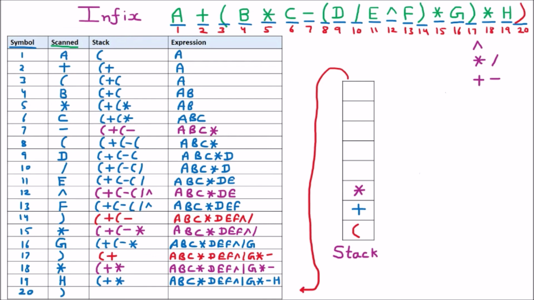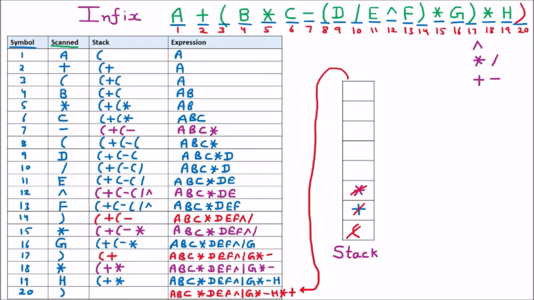First of all, I am taking the existing expression, which is A, B, C star D, E, F power slash G star minus H. So that is the existing one. Then we are popping the operator, putting it afterward. Then we pop the plus, putting it afterward. Then popping the bracket, so bracket and bracket get cancelled.